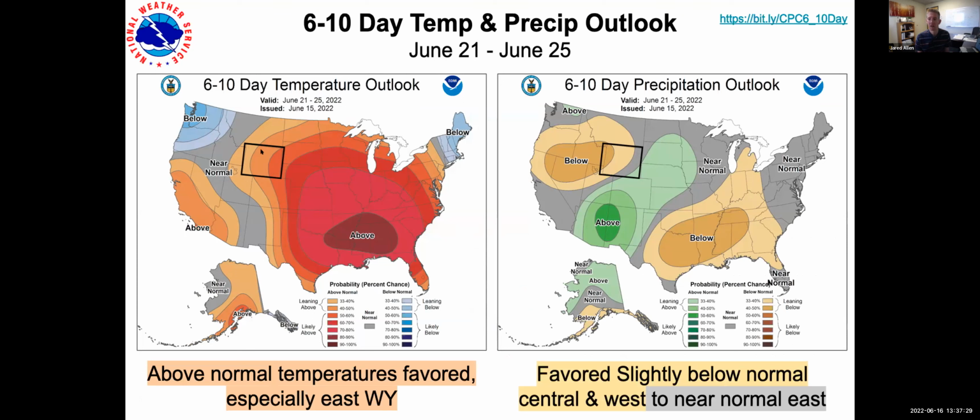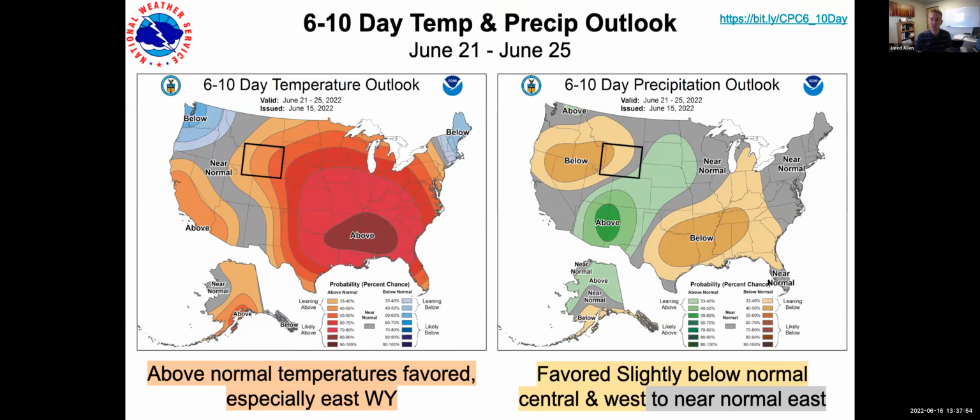And then on the right side, looking unfortunately at equal chances or slightly favored chances for lower than normal precipitation. Hopefully, fingers crossed, down there in the far southeast, we're able to get a little bit of a monsoonal surge that comes up from the desert southwest. But unfortunately, that may not be enough to alleviate certainly the ongoing drought conditions.